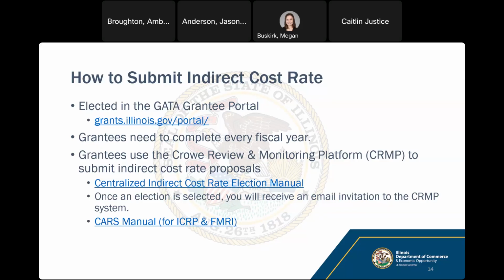The invitation will contain instructions on how to log in using OCTA and access the grantee's unique survey in the CRMP portal. This invitation will be sent each year with a unique survey for completion.